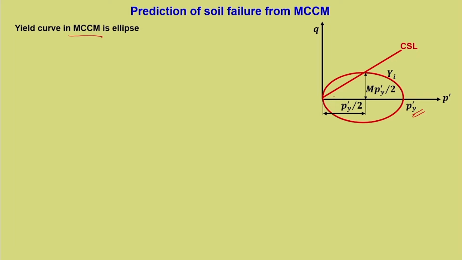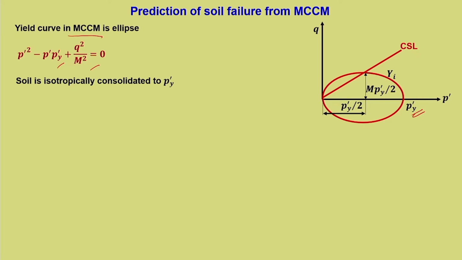The point where the critical state line meets this yield curve is marked at p'y by 2, and we know that this is p'y by 2. The equation is given as p'^2 minus p'y p' plus q^2 by M^2 equal to 0.